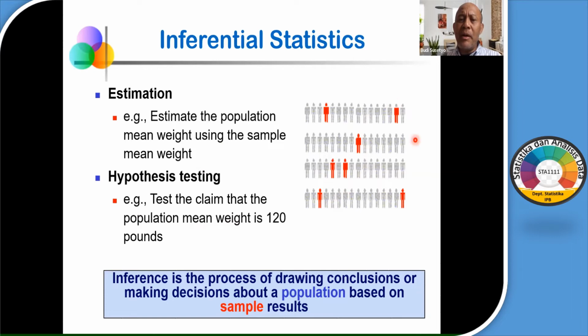We don't know the right number of the weight of the population, but we just take some sample, and then you test the hypothesis. Is it correct or not that the mean weight of the population is 120 pounds?